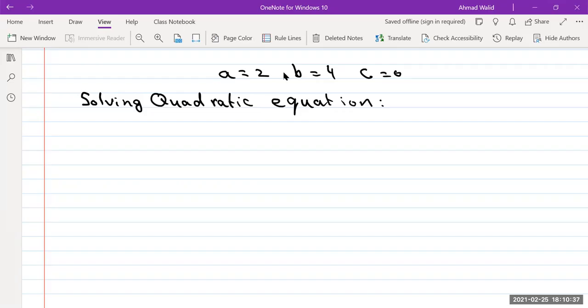You can solve a quadratic equation in at least 4 different methods. But any method that you use to solve a quadratic equation, the answer will be the same, correct?